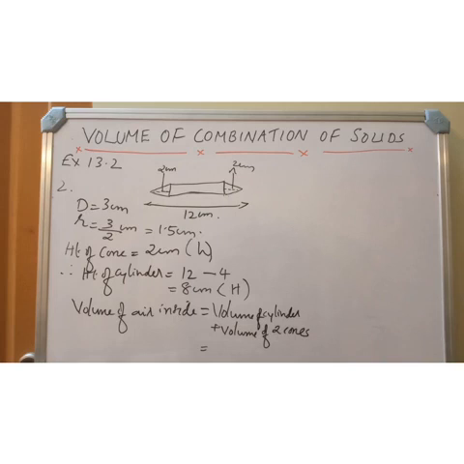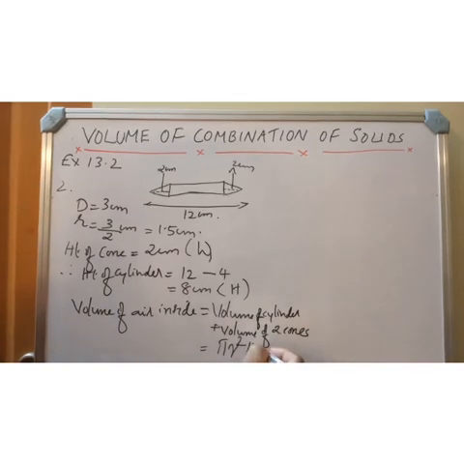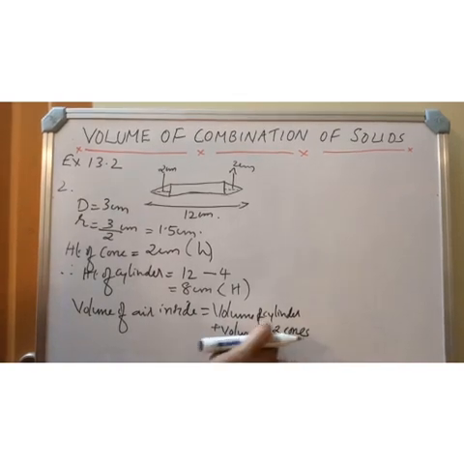So what will be the volume of the cylinder? I am considering the height as capital H. R may be the same for both the shapes, cone as well as cylinder. So volume of cylinder is pi r square capital H, because the height of the cylinder I am considering as capital H, plus 2 into volume of cone, since 2 cones are there.